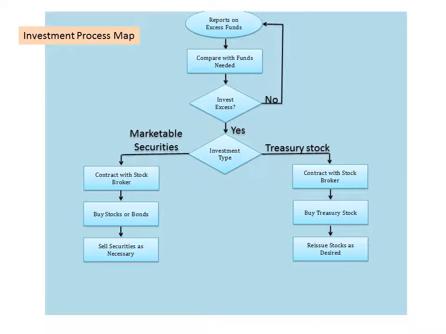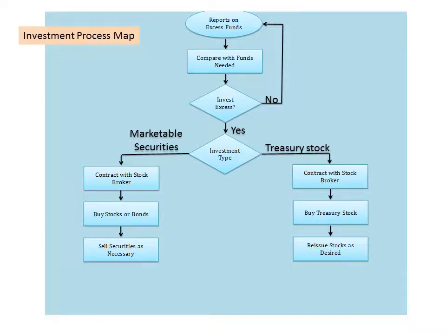And kapag nakapag-identify sila ng excess, they will decide if i-invest ba nila yon or hindi. So, kapag nakapag-decide sila na i-invest nila itong excess na to, kailangan nilang i-identify kung anong uri ng investment type ang pipiliin nila. We have marketable securities and treasury stock.